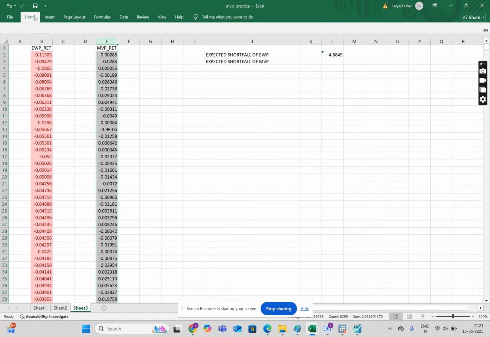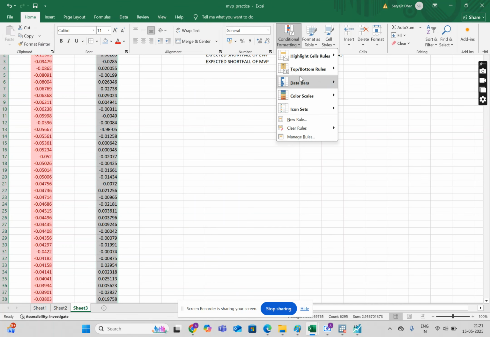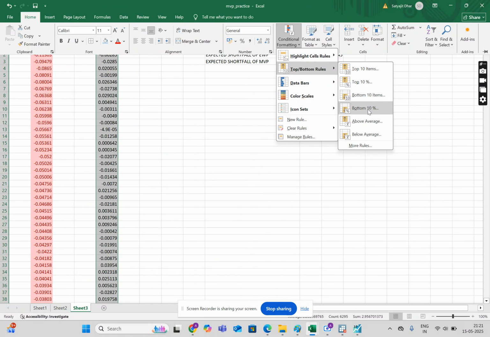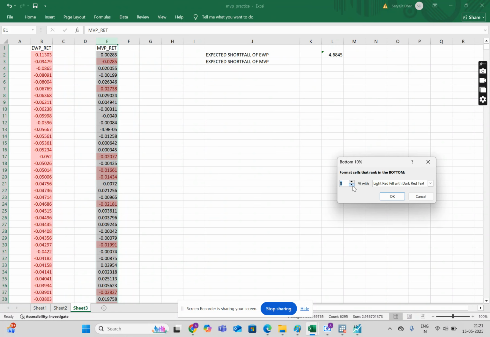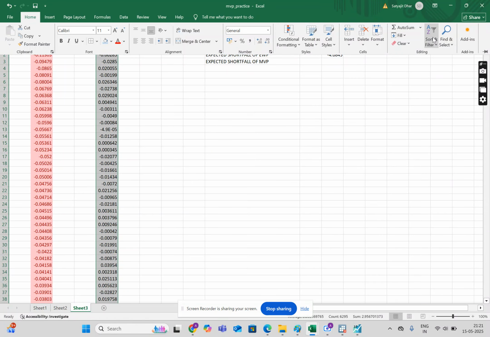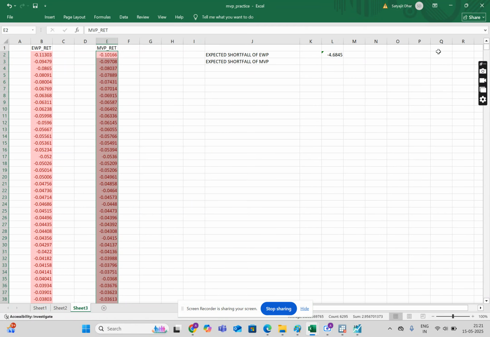Let's first find the bottom 1%. And then we go to Home, Sort and Filter, Sort Smallest to Largest. So here we have it.